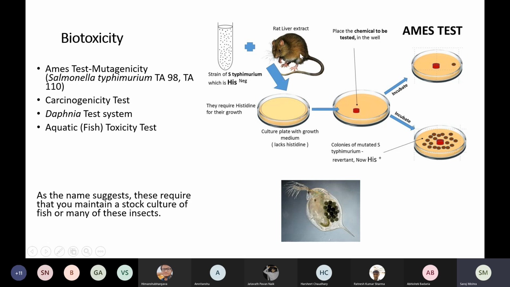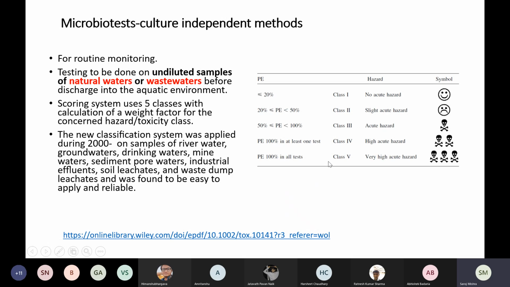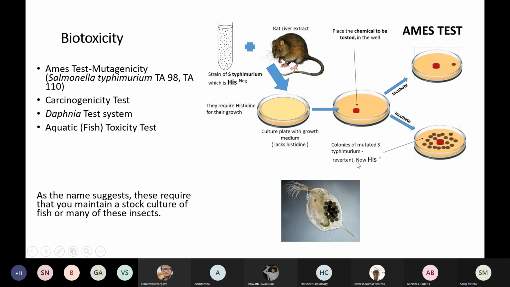So the liver extract of the rat is taken and it is also put in the medium, so that, for example, if this particular toxicant by itself may not be mutagenic, however, in the presence of the rat liver extract, this compound A could get changed into compound B, which could actually be mutagenic. So you also check, with an extension of that method, how the human system is going to respond to that particular toxic compound.